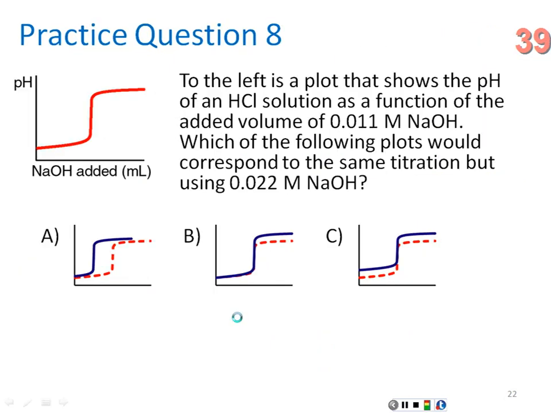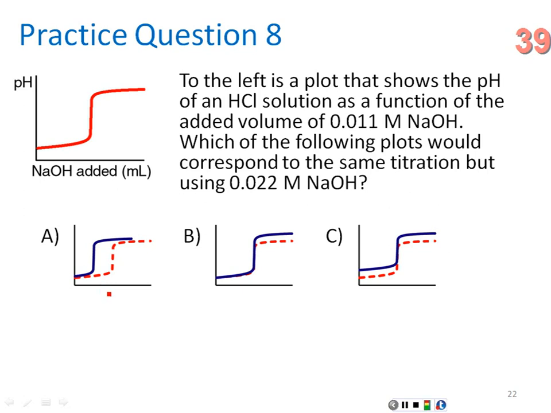Okay, the practice question 8. Now this is a little bit more conceptual. So take a couple minutes and try to answer this question. All right. To answer this question, you really don't need to use any equations.